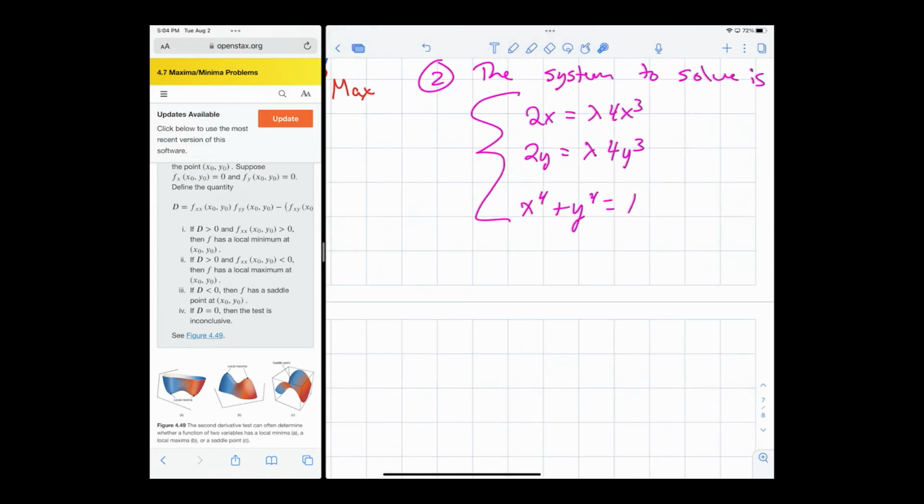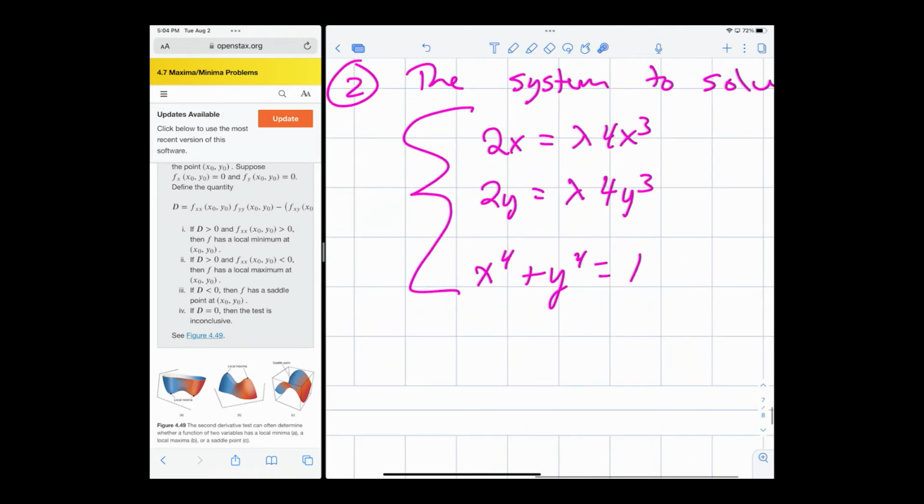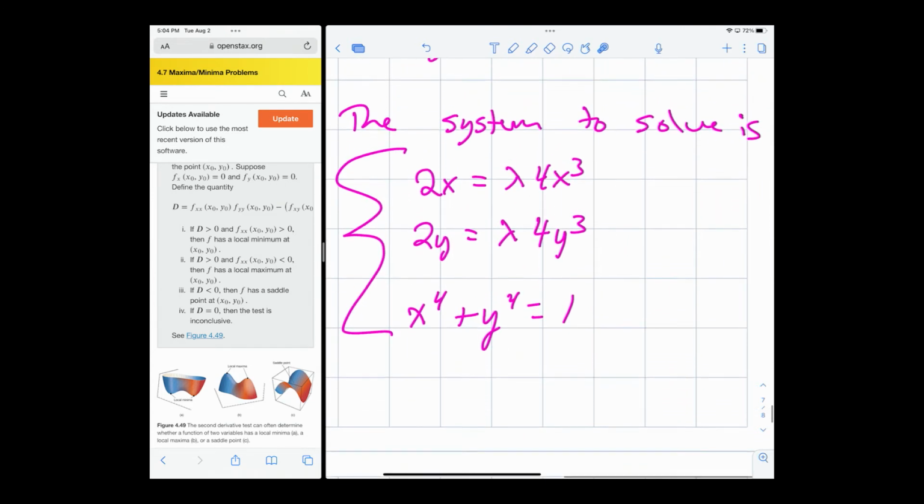I think what you would want to do here is solve this for x or solve this for y, but you've got a problem if you do: you can't just divide an x off.